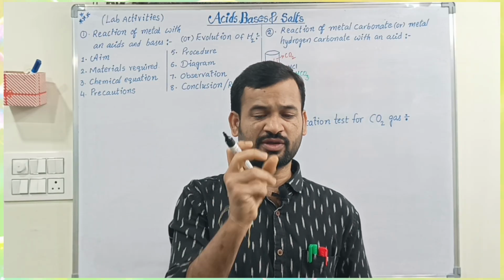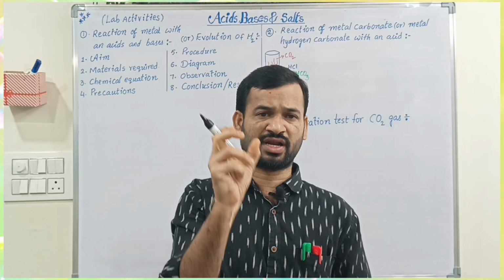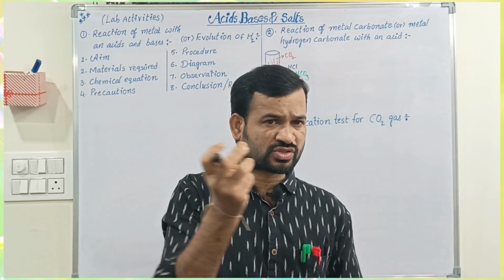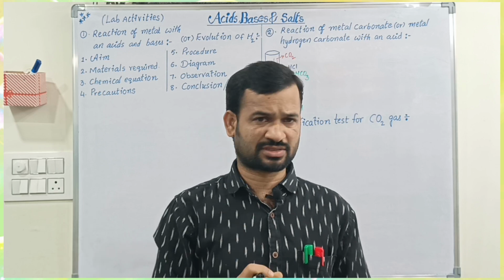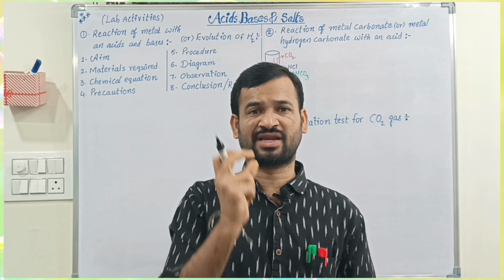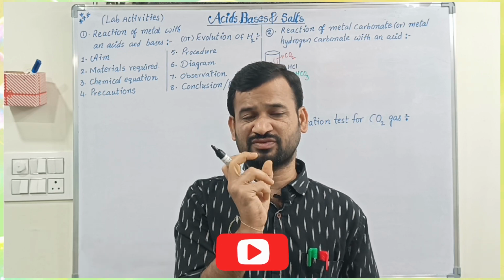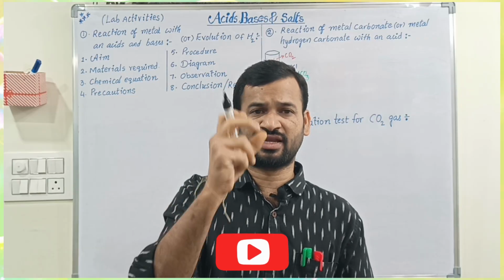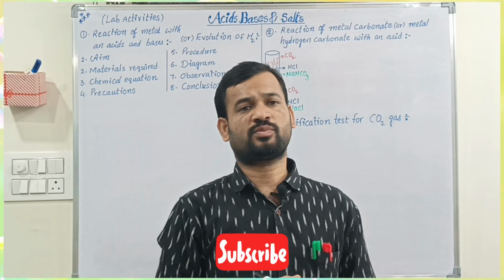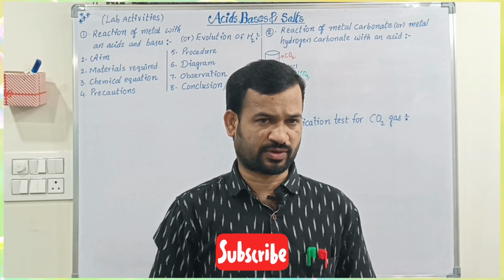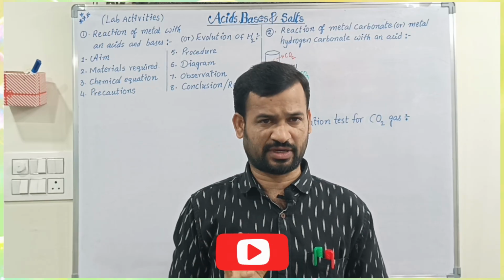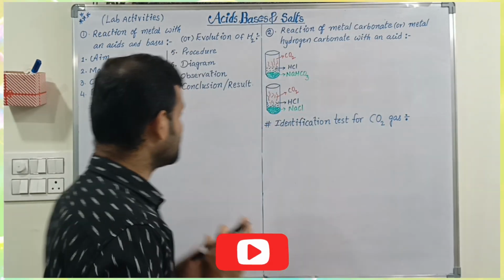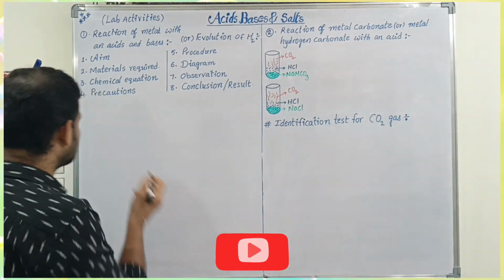Whenever we bring a burning matchstick or burning candle very close to the soap bubbles, the flame size will immediately increase somewhat, and then the light will be put off with a pop sound. That's why we take a soap solution. Understand? Now we will see the chemical equation.